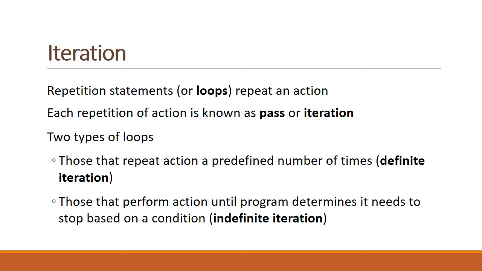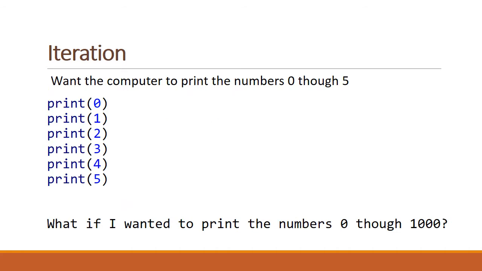So for example, let's say within our Python program that we want to print the integer 0 through 5. So we could write 6 print statements and print each one of those integers. But what if for some reason we wanted to print all of the integers 0 through 1,000? It would be pretty inconvenient to have to write 1,001 print statements.